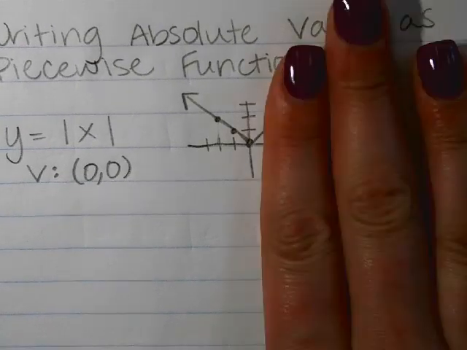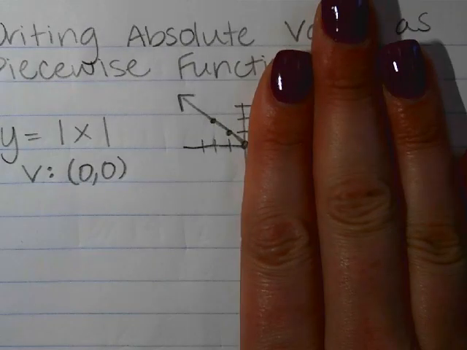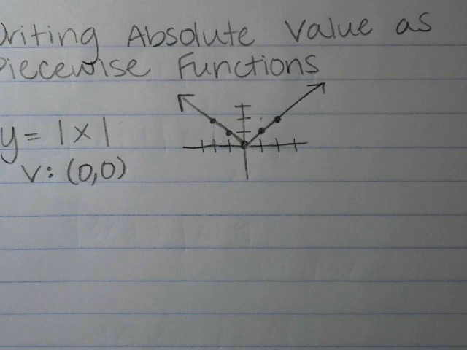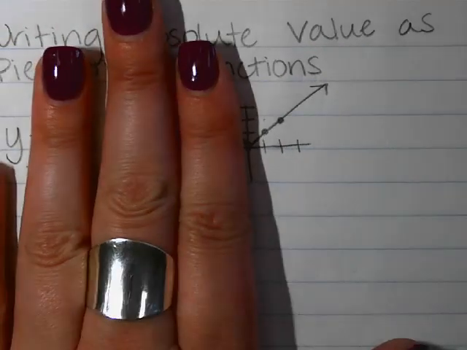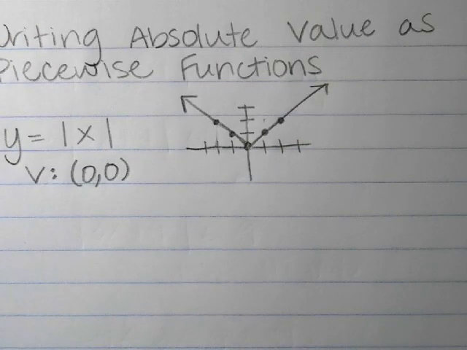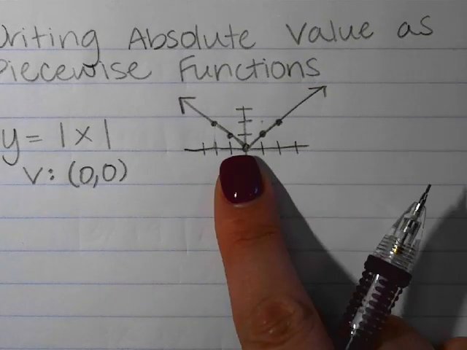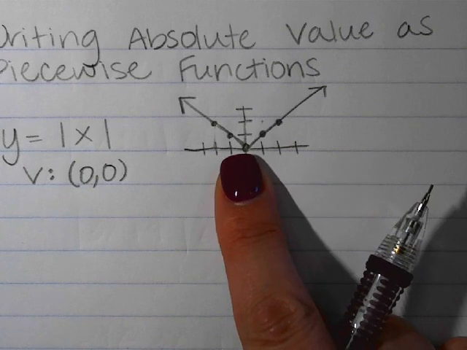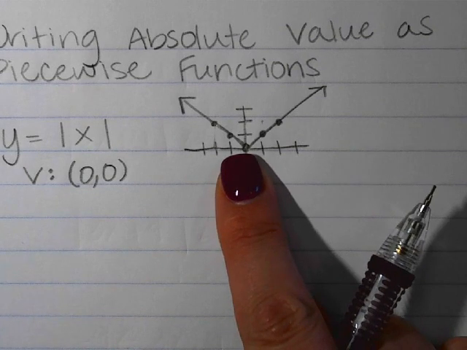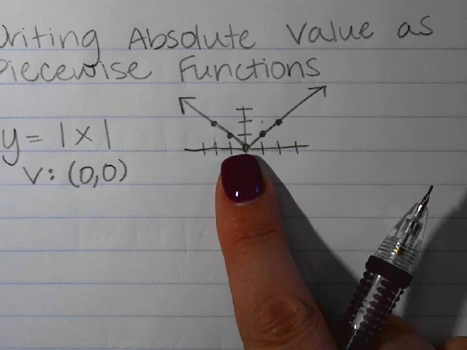So this is one line and it just happens to stop at 0. And this is the other line and that one starts at 0. So we have two different lines, two different pieces, and together those two pieces make this graph. That's what a piecewise function is. It's just saying we can make a graph that's based on more than one piece.